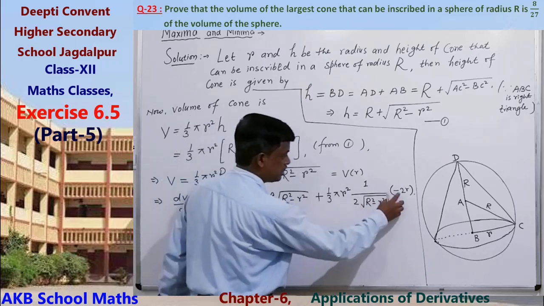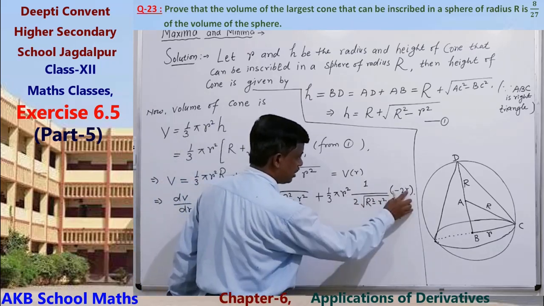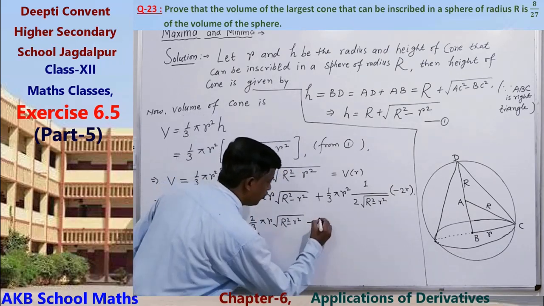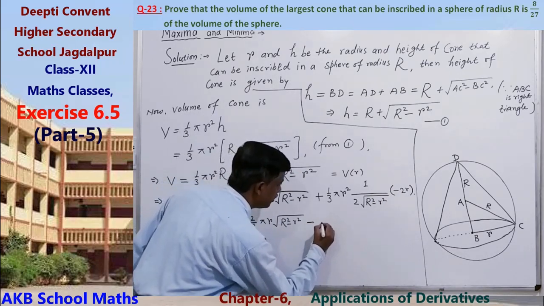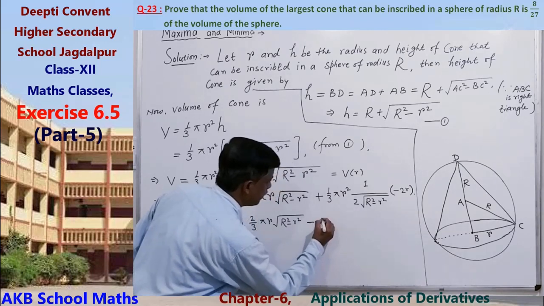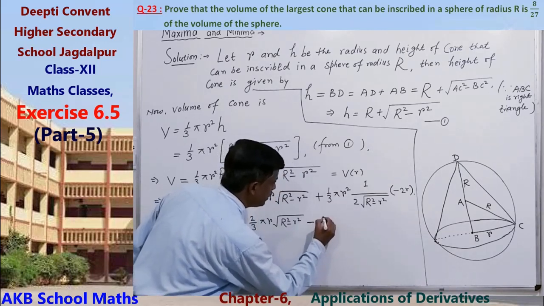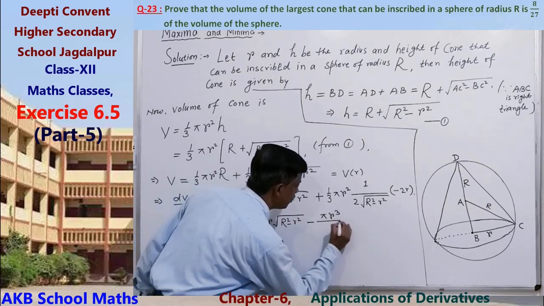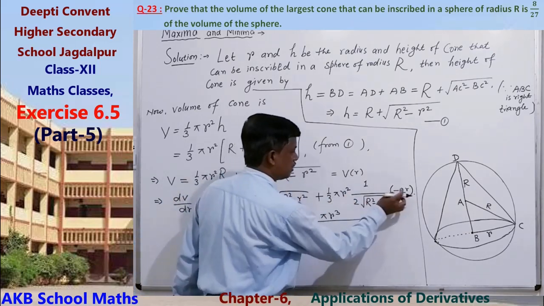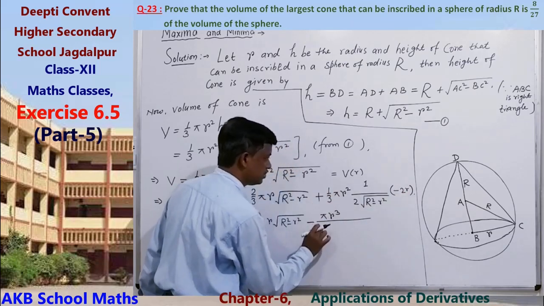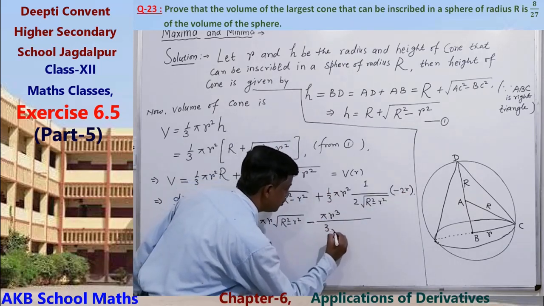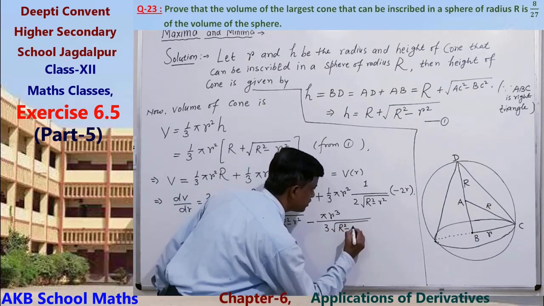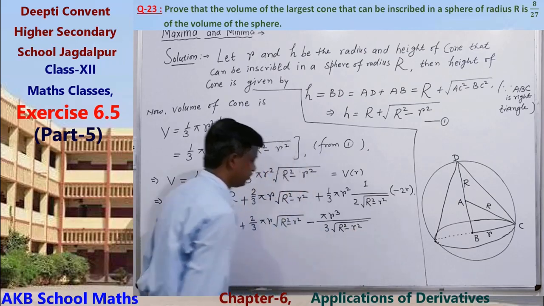Here the 2 cancels, giving r cube, minus 1 by 3 pi r cube upon 3 root of R square minus r square. This is the way.